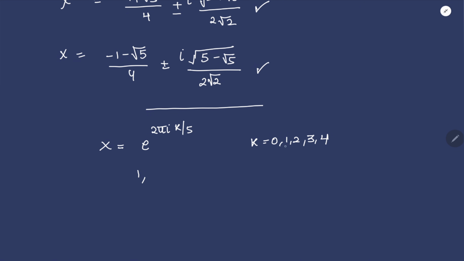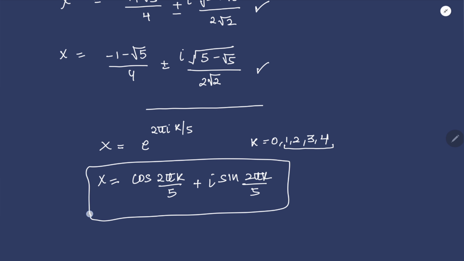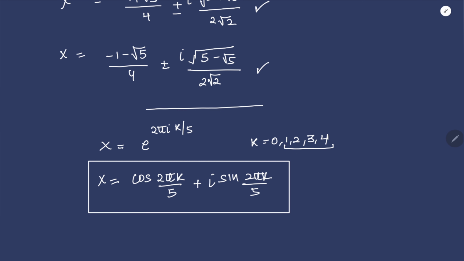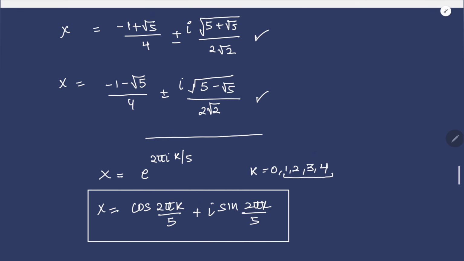And the other 4 roots you will get when you substitute 1, 2, 3, 4. That can also be written as cos 2 pi k by 5 plus iota sine 2 pi k by 5. So when you put the value of k as 1, 2, 3, 4, you will actually get these values only. So if you have options in your test, either you can write this or these.